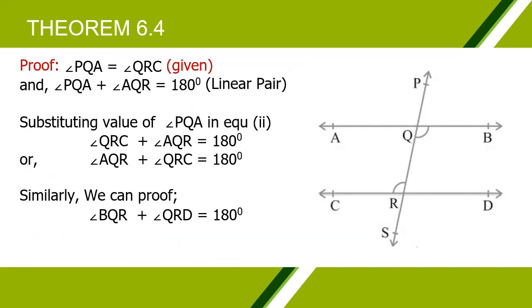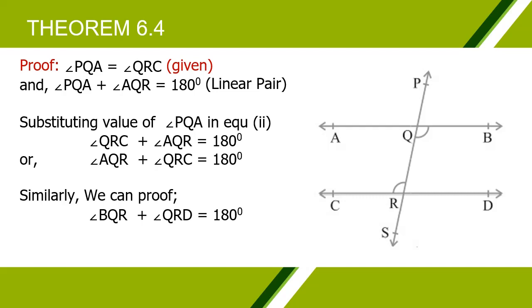Now proof of theorem 6.4. Angle PQA is equal to angle QRC. It is given. How? The two lines AB and CD are parallel. So corresponding angles will be equal. So here PQA and QRC are corresponding angles. That's why they are equal. At the same time, angle PQA plus angle AQR is equal to 180 degrees, forming a linear pair.